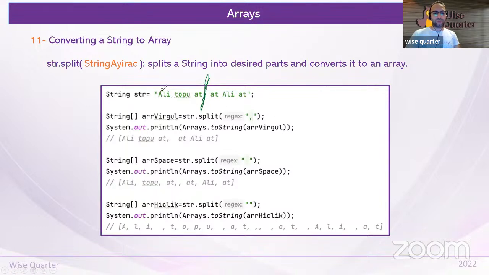The first element will be this part, and the second one will be this part. We are splitting the array from the regex, but it will delete itself. There was a comma here. I am splitting the string into two elements.